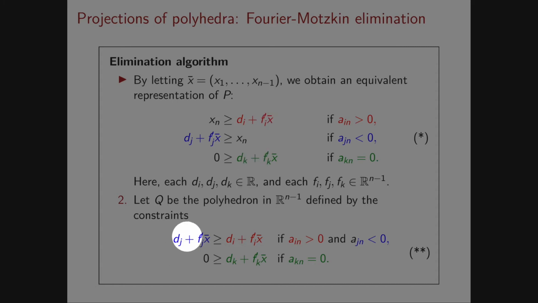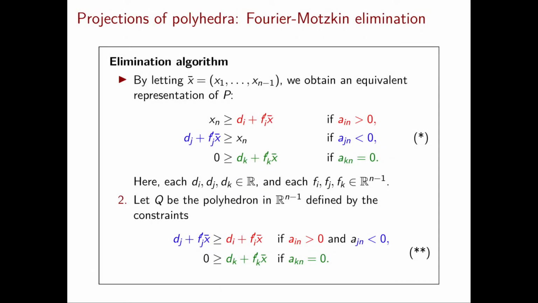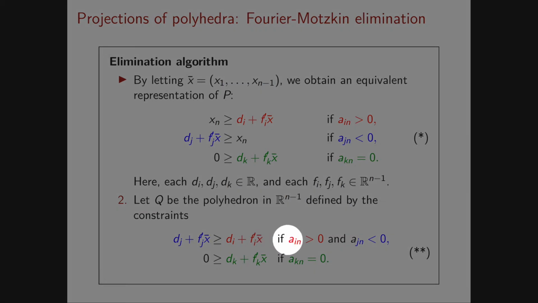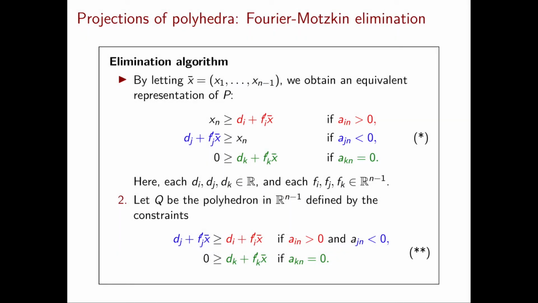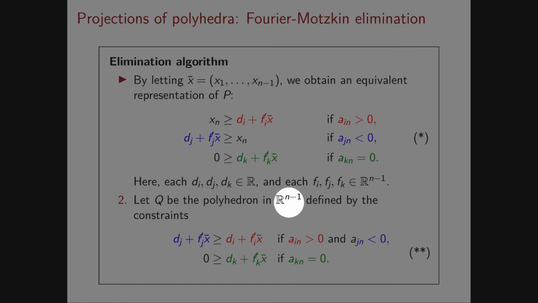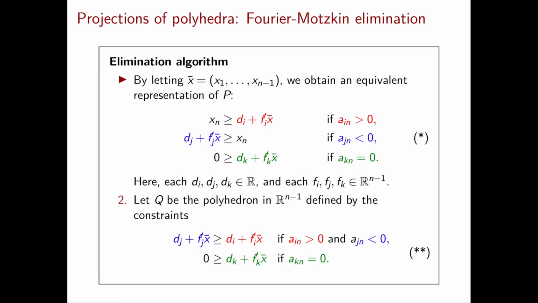And this is exactly what's written here. And so we obtain one inequality for every pair of inequalities, one red and one blue. By construction, the new system doesn't contain the variable x_n at all, so it is in fact a polyhedron in R^(n-1). Of course, for now, this is just an algorithm that constructs a new polyhedron Q starting from the original polyhedron P. Soon we will show that Q is actually the projection of P.